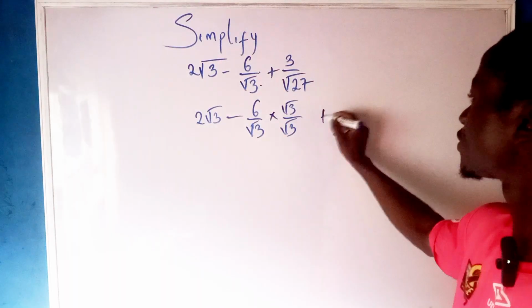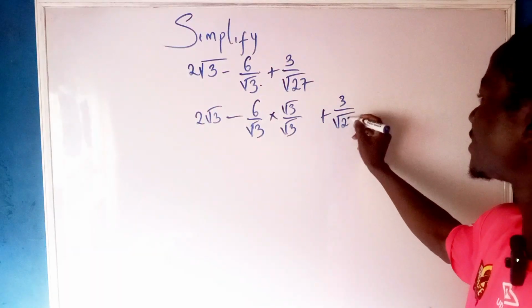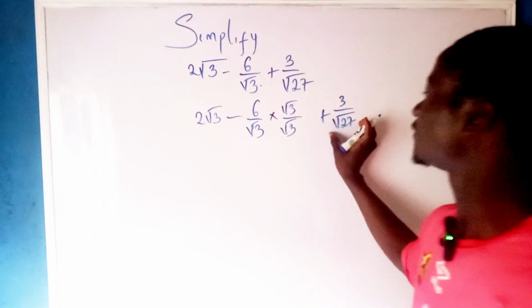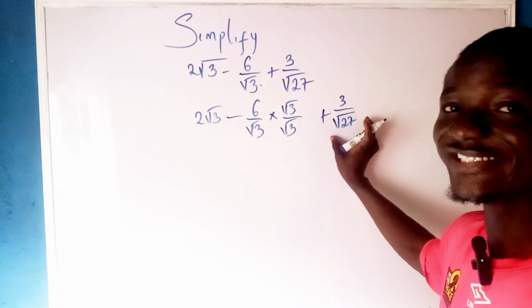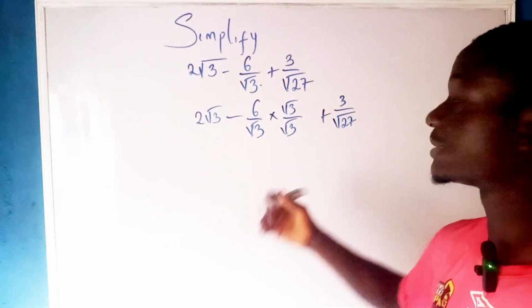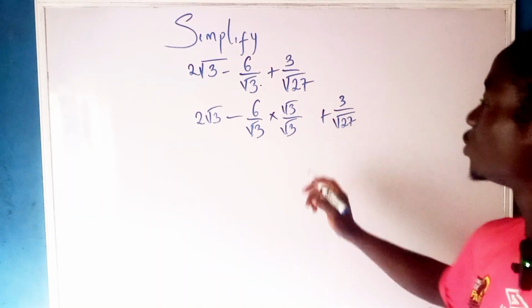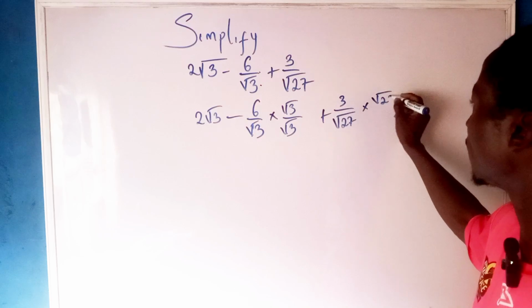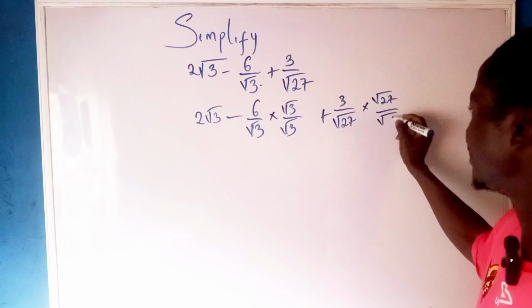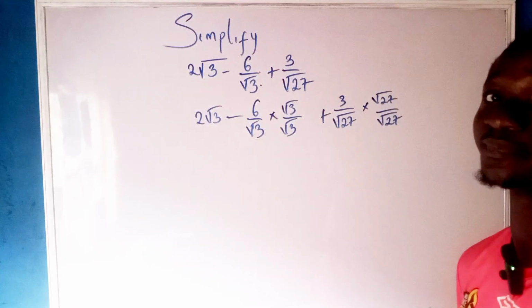Then we have plus 3 over root 27. Because the denominator of this fraction is in root, we are going to rationalize this denominator also. To do that, we multiply both the numerator and the denominator by the denominator, which is root 27.